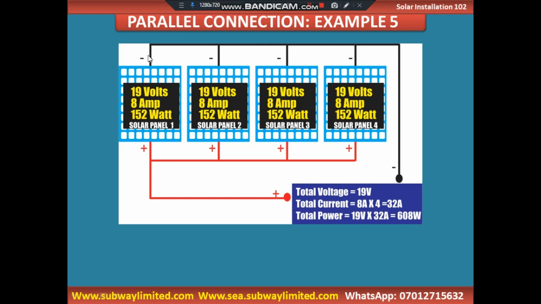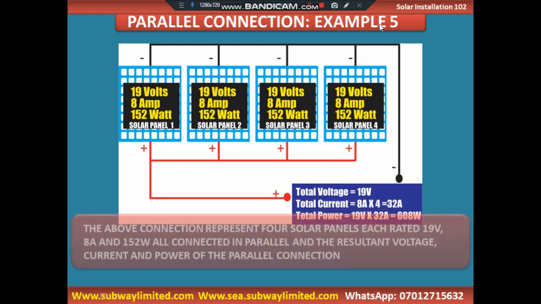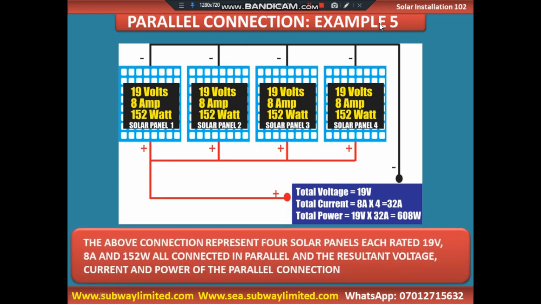We are connecting the negative of one solar panel to the negative of another solar panel, and we are using a uniform output cable. We link all the positives together, and we link all the negatives together here. That is parallel connection. What happens when you connect those panels like that?